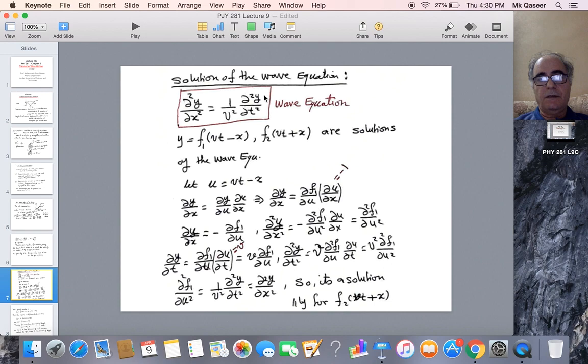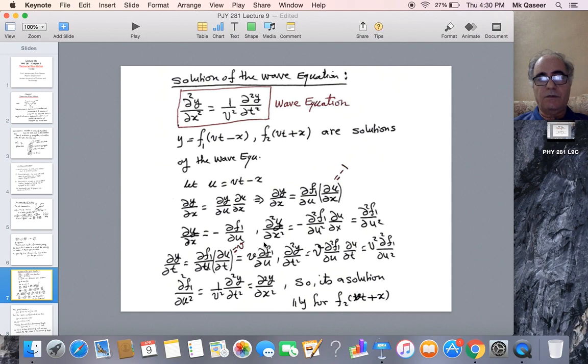Now let's take the right term, d2y by dt squared, and multiply it by 1 over v squared. Now dy by dt is df1 by du times du by dt. Du by dt gives v, so we get v times df1 by du.